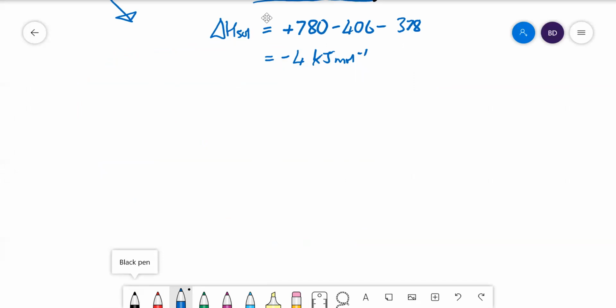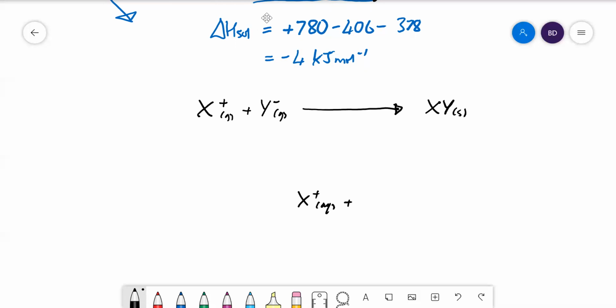We're going to have the gaseous ions, and that's going to form XY solid. And here we're going to have the aqueous solutions.